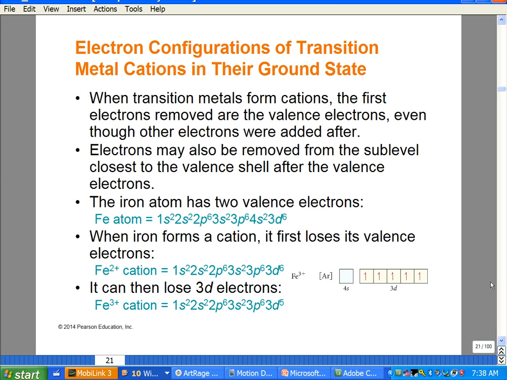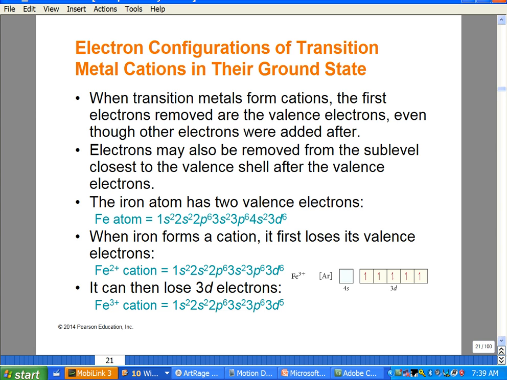And so when we actually remove electrons from transition metals in order to form their cations, we need to know that we need to remove them from the outermost energy level first. So for instance, this is the iron atom here.